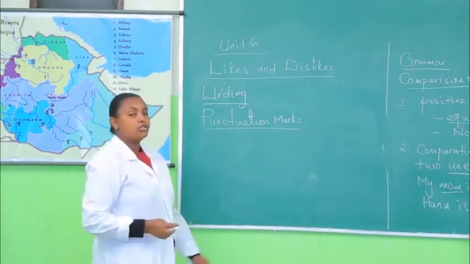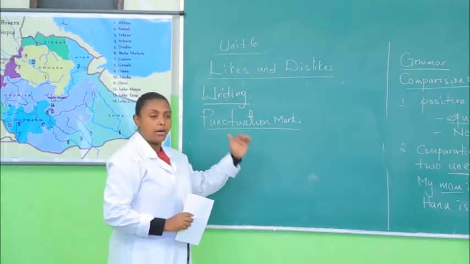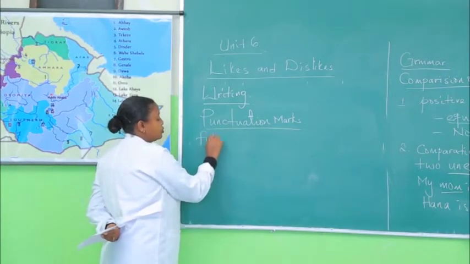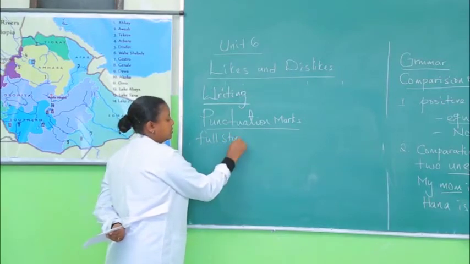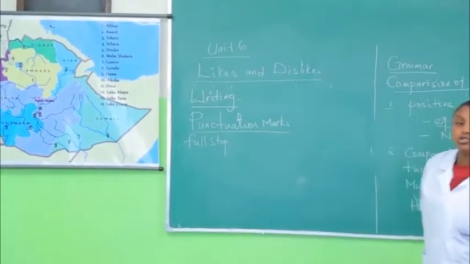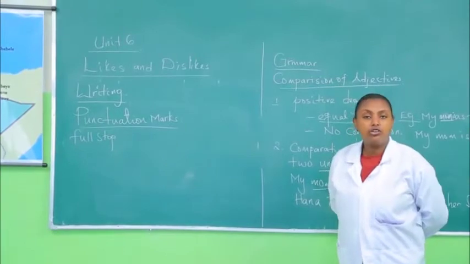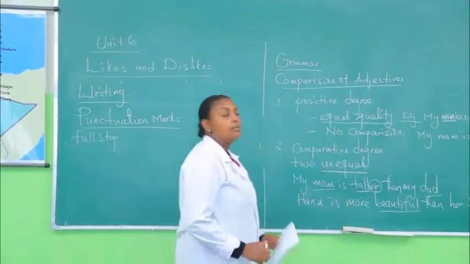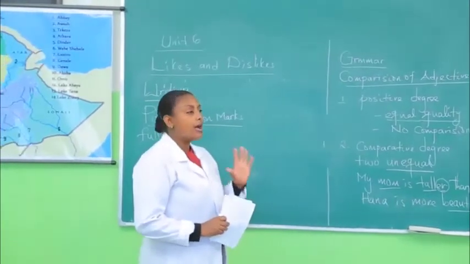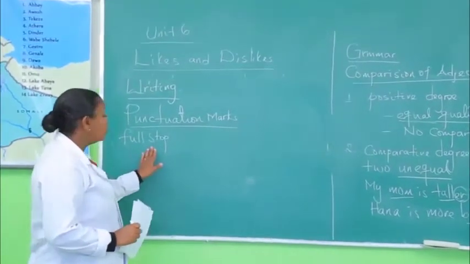So today we are going to see only 4 punctuation marks because they will help you to write paragraphs and sentences. So the first one is full stop. Do you remember when we put full stops? So full stops are written at the end of each sentence. If you remember, you have learned, I hope, about types of sentences. So after each sentence, we are going to put a full stop.